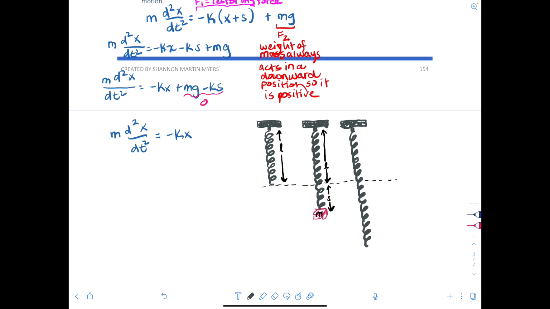And then we'll still have our little mass attached. Can't draw today at all, can I?